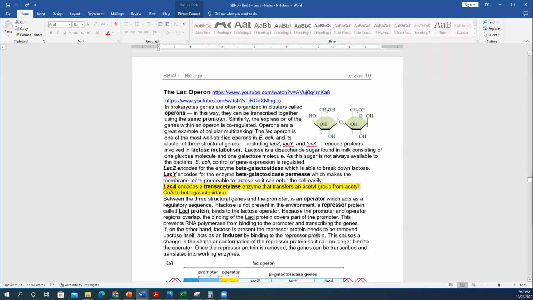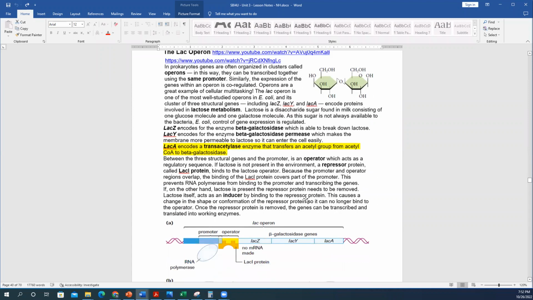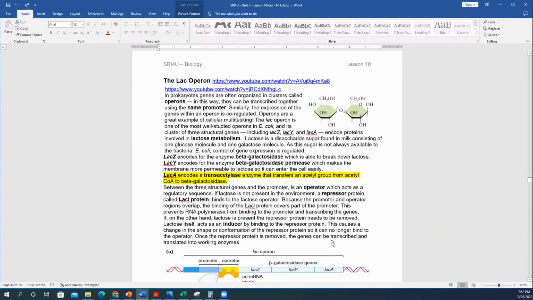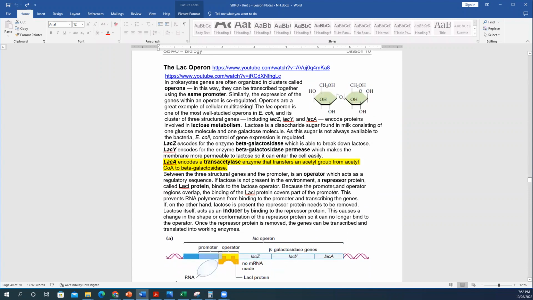We talked about the lac operon. The lac operon is important because it demonstrates the concept of gene control and how in prokaryotes you have these genes that are organized in a cluster called an operon.